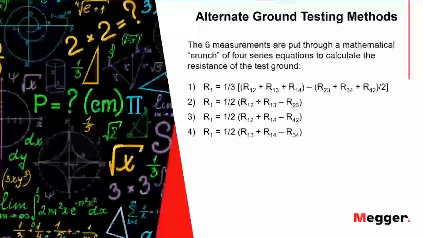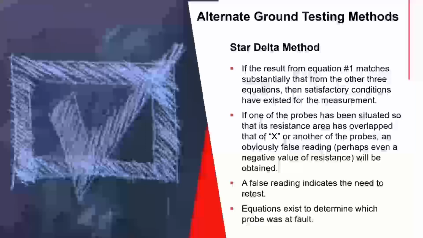Okay, next. So star delta, I think I pretty much covered that. The test procedure kind of has a built-in proof, and it will throw out bad test results, and so you don't have to worry about that too much. Okay, next.